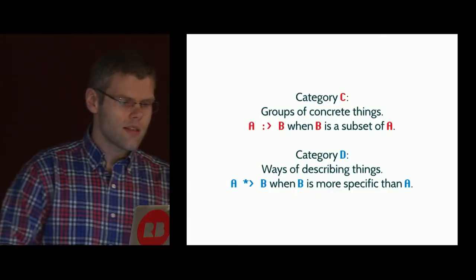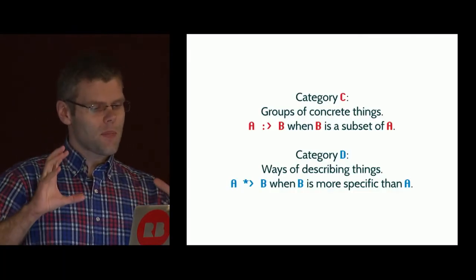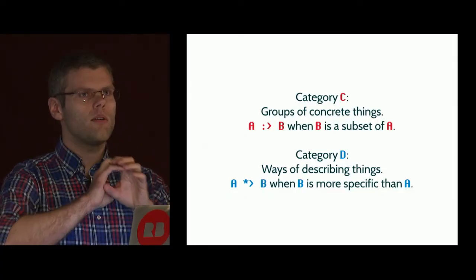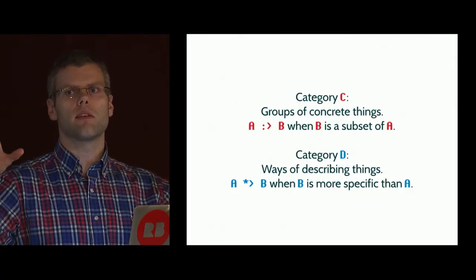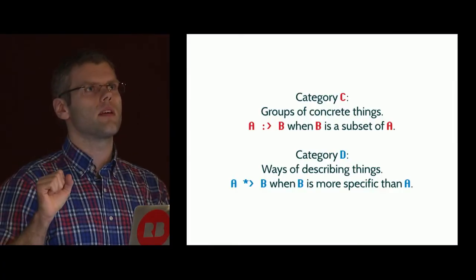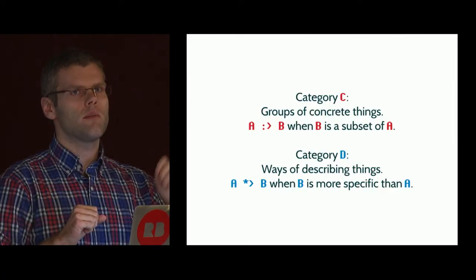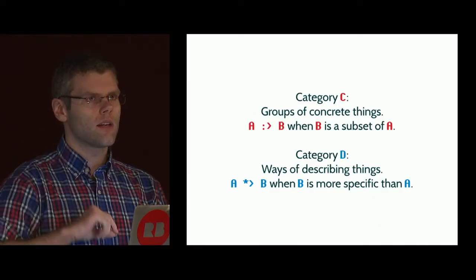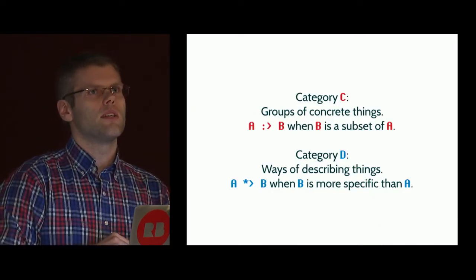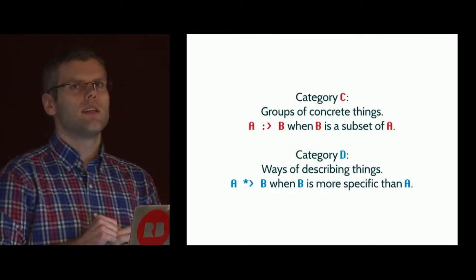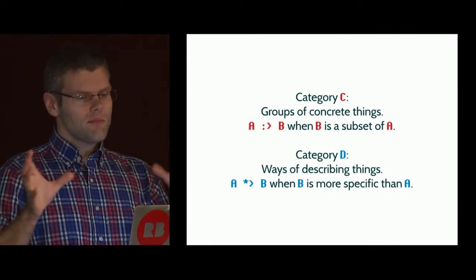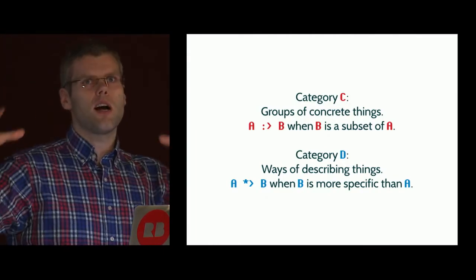So let's do a little game where we consider a category C of all the concrete things in this room, or actually of groupings of concrete things in this room, right? So for example, an element in the category C might be those 2 seats over there, or Dean and Miles and one other person, right? So these are concrete groupings of things.